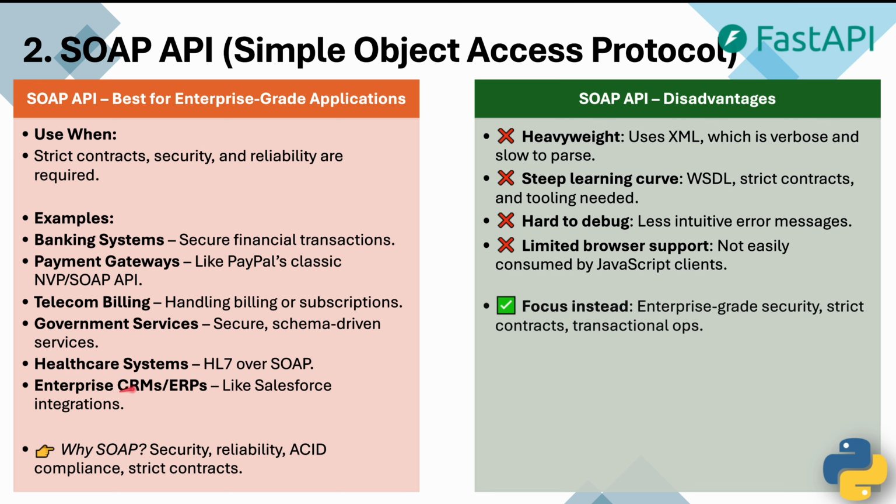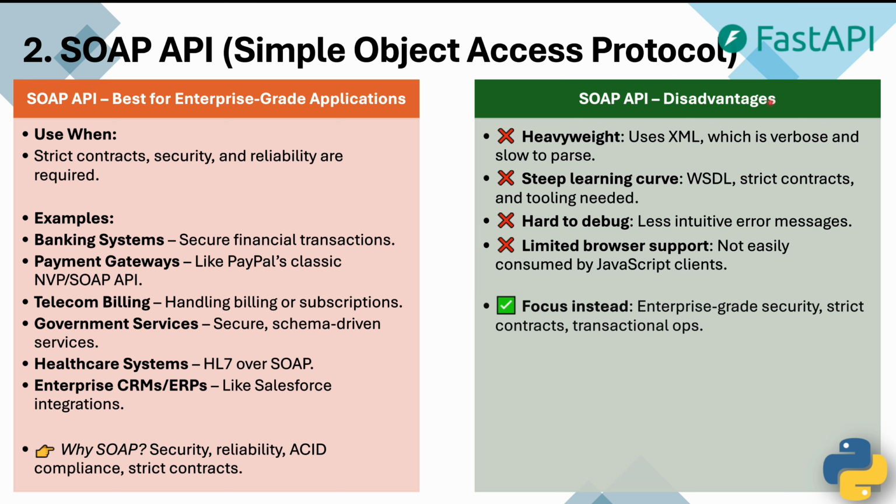Enterprise CRMs and ERPs, like Salesforce integrations, might be done with SOAP API. Why so? It offers high security, reliability, ACID compliance, and strict contracts. That is why we can go for SOAP.